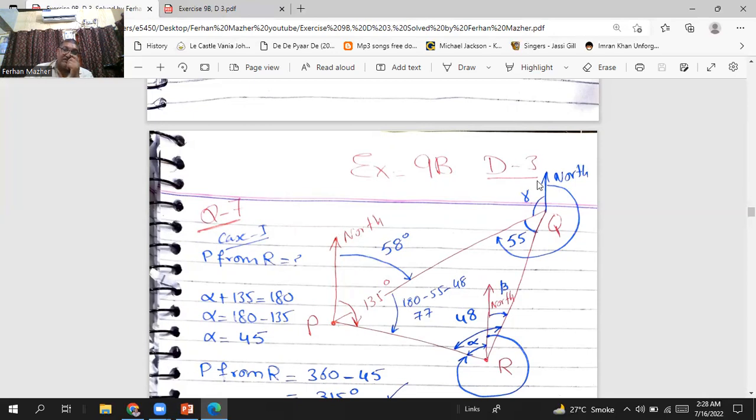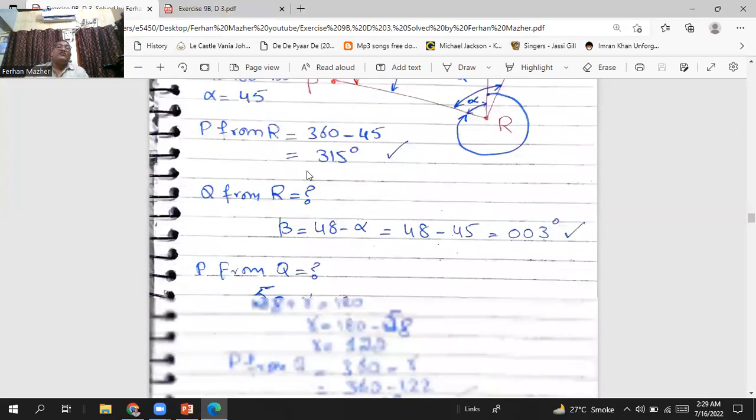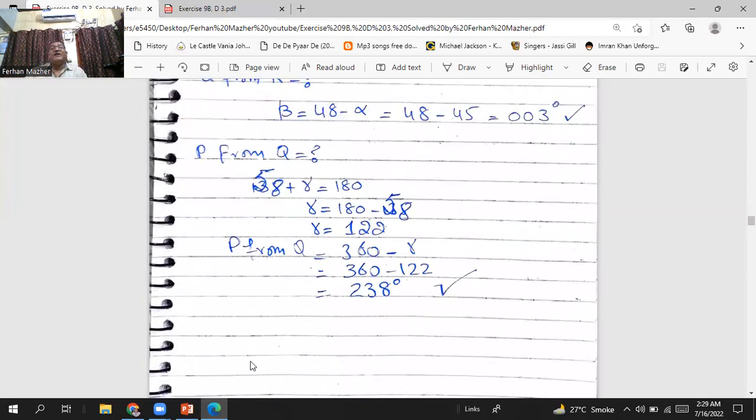This is north, and this gamma and this 58, they are allied angles to each other. So we can find the bearing of the P from the Q. That will be 360 minus gamma. First of all, I need to find out the gamma. So 58 plus gamma will be equal to 180.